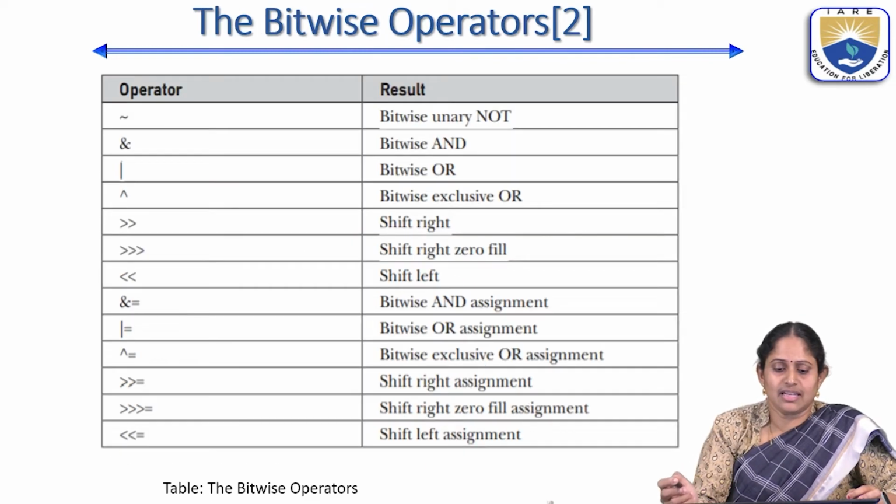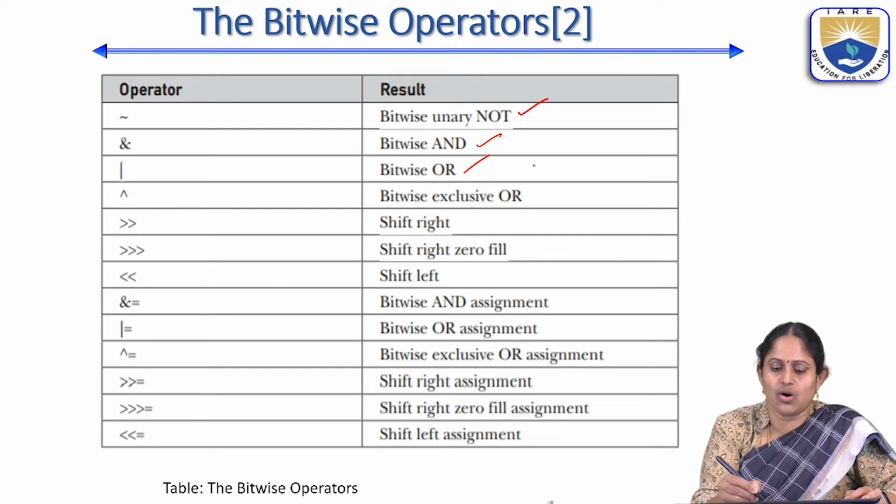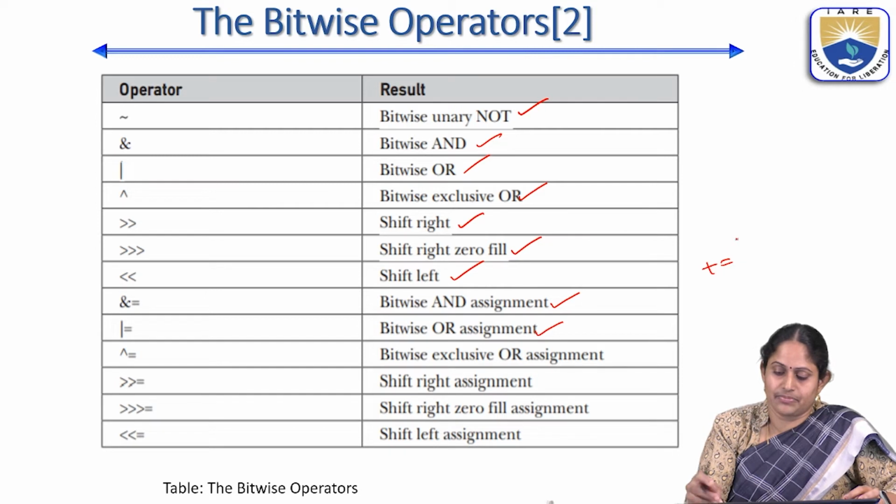Then, these are the bitwise operators. We have bitwise not, bitwise and, or, bitwise XOR, shift right, zero fill shift right, shift left, bitwise and assignment, and bitwise or assignment. It is the same as the plus-equals operator: it will do the operation and then assign.